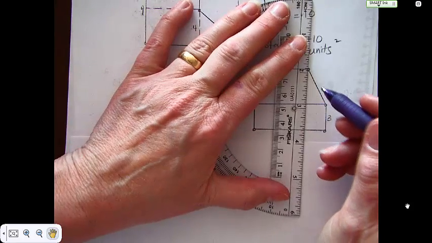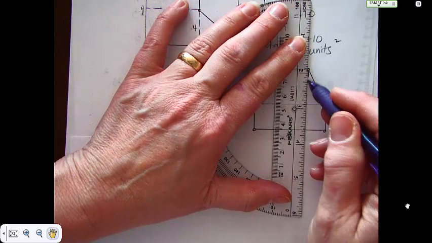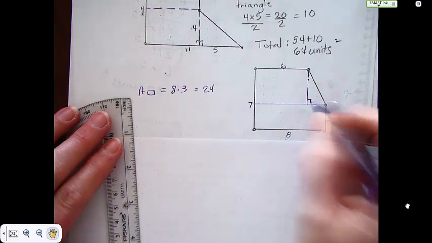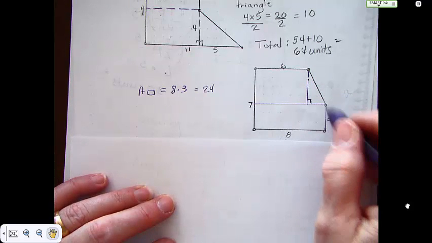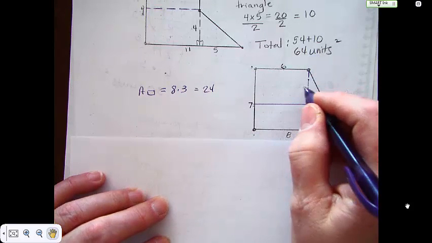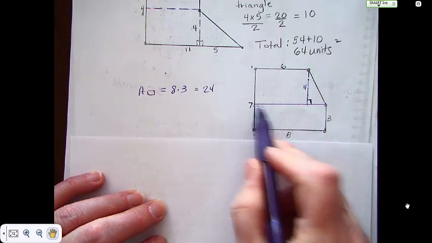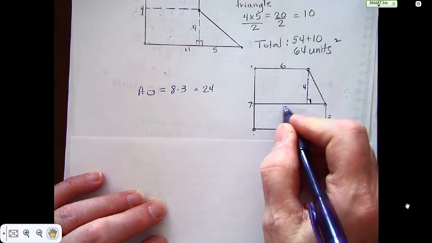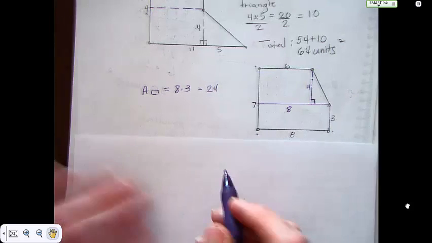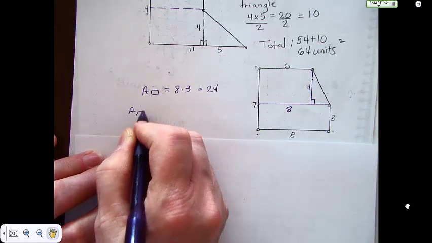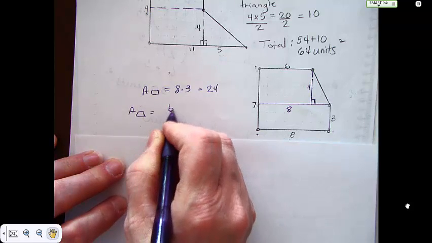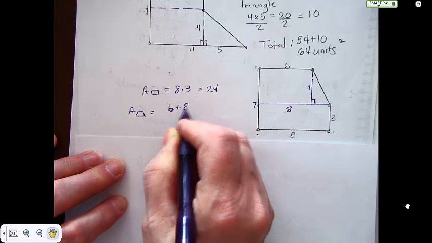So we would draw a straight line down to find the height, which is not going to be hard to do, because if this is 3 here and this is 7 all the way up, our height is going to be 4. Our base 2 will be 8 because it's from here to here. Base 1 is 6. So the area of our trapezoid is base 1, which is 6, plus 8.